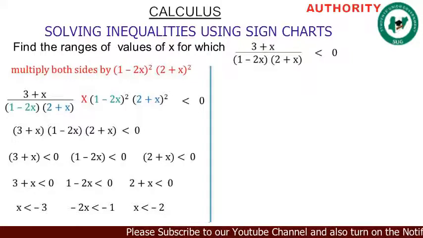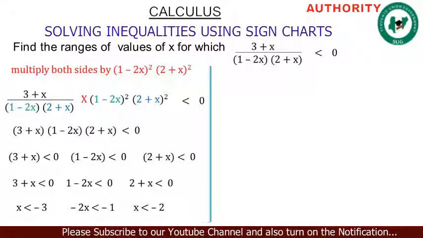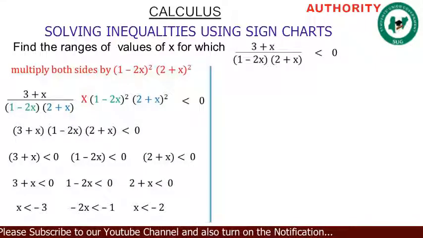Now let's go back to the middle one. We have minus 2x less than minus 1. We are looking for x, not minus 2x, so we divide both sides by minus 2.